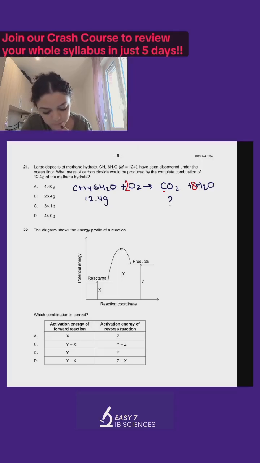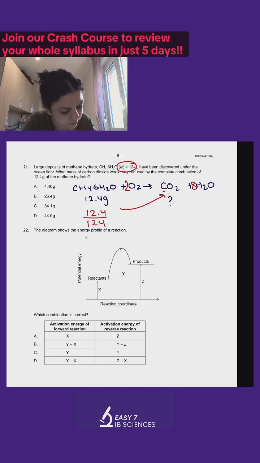The next step is to apply the molar ratio. So I need to find the moles so I can apply the molar ratio and see exactly how much carbon dioxide I've produced. So to find the moles, I'm going to do 12.4 divided by the molar mass they've given me, which is 124. 12.4 divided by 124 is going to be 0.1. 0.1 moles.